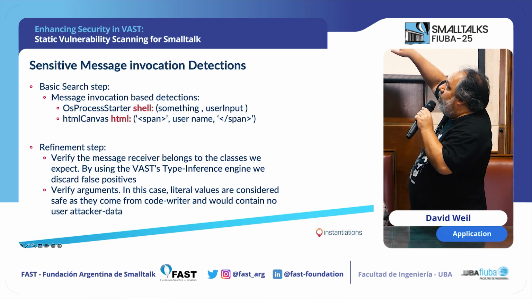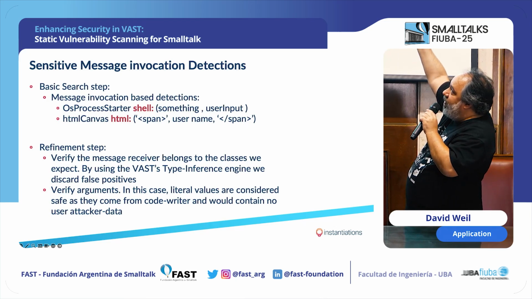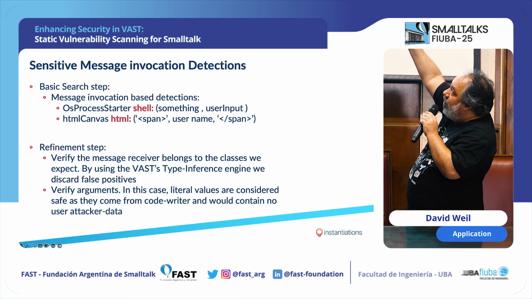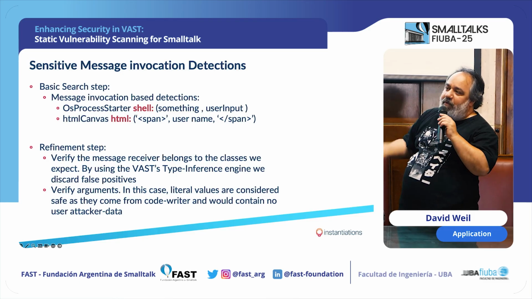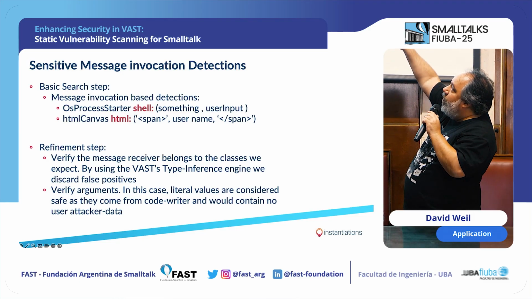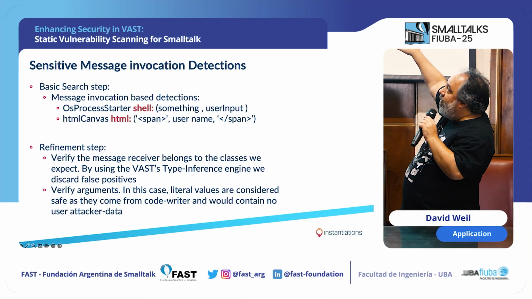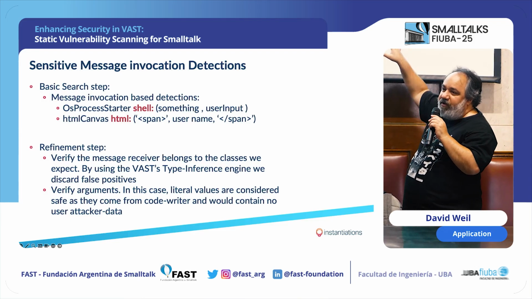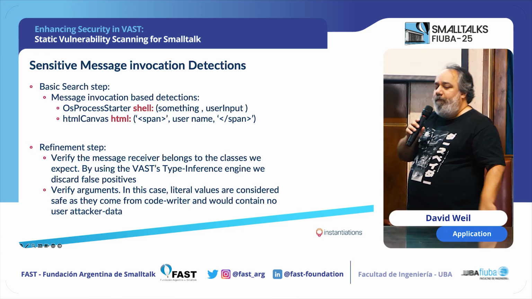We need to understand that the receiver of HTML is an HTML canvas, or the receiver of shell or start or other messages is an instance of the class process starter, right? So the static analyzer gives us all the invocations to HTML, to shell, and others. But we need to verify these two constraints in order to discard what will be false positives, right?